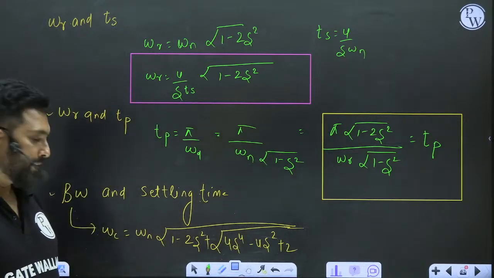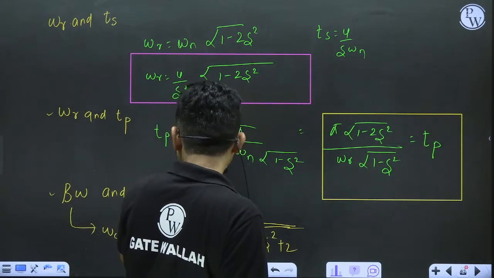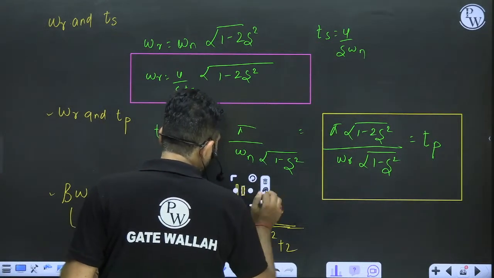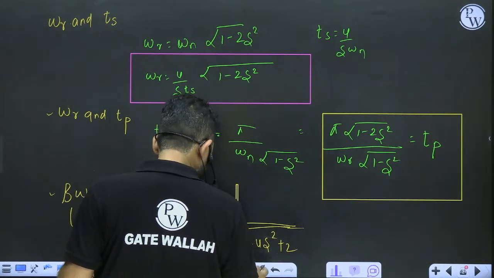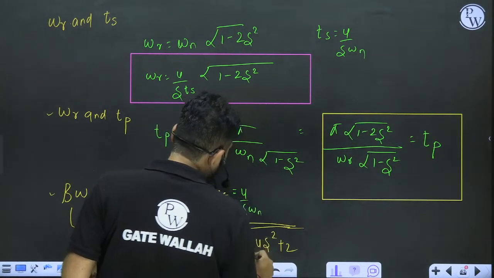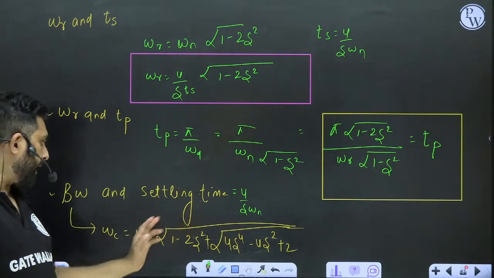This is TP. Now, omega n, you can write it in terms of settling time. Settling time is 4 by zeta omega n. Instead of omega n, we will write 4 by zeta ts.